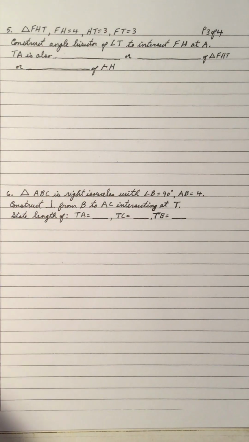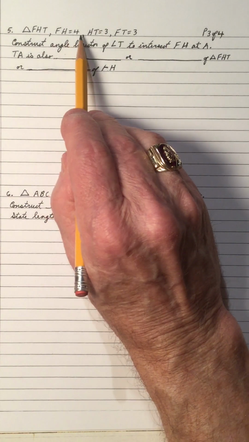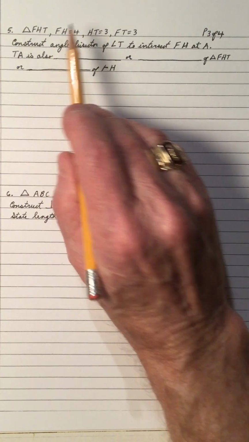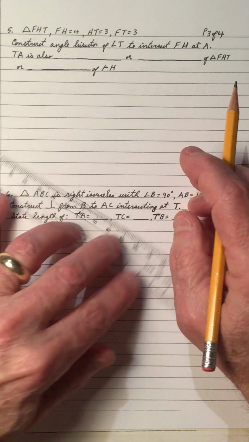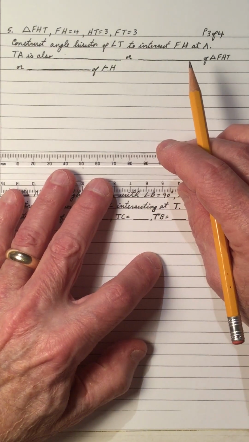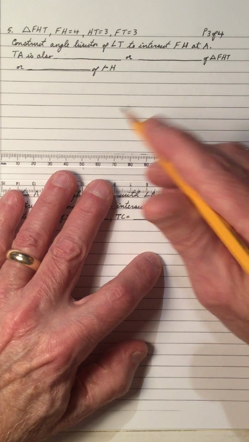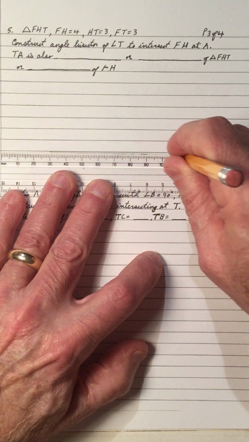So what we have to do, we have to draw, notice we have here two sides equal. So I'm going to draw FH first. FH is 4 centimeters. So let's go right here and mark off more than 4 centimeters. So we go like that.